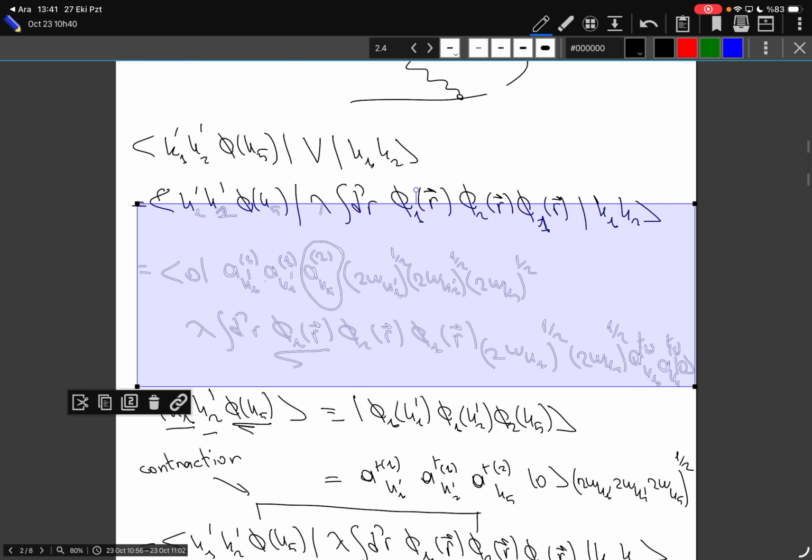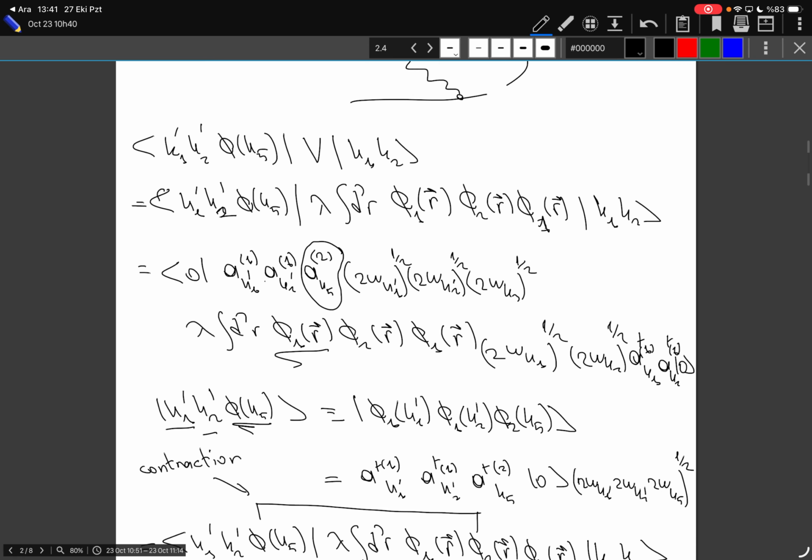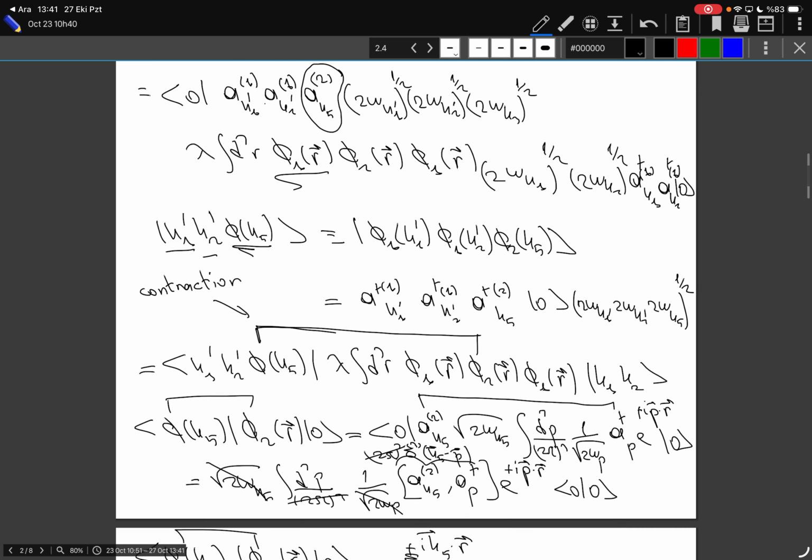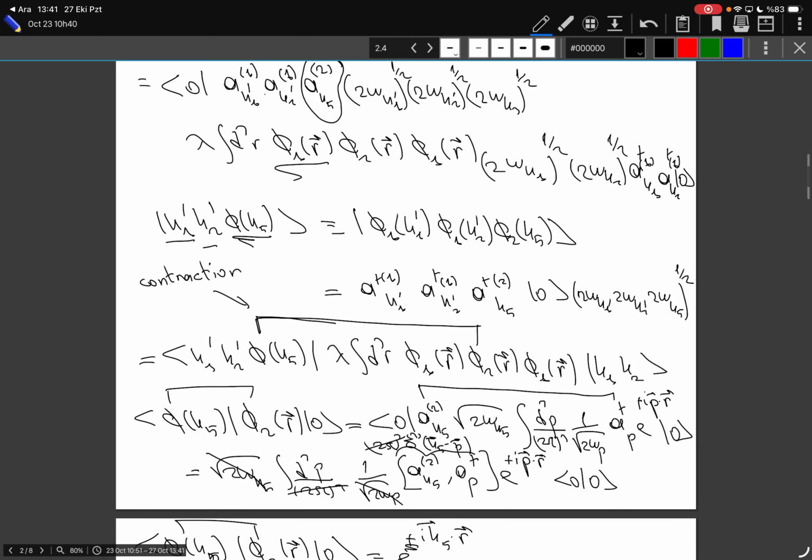As we are moving them all around, this was the notation we use, this line, that basically corresponds to the contribution in which I commute this phi 2 operator with the creation field, or the annihilation field in this case, since it's a bra, of this phi k5 state.